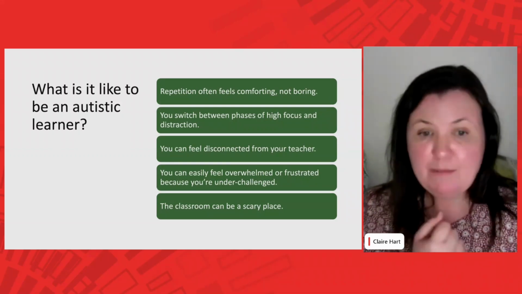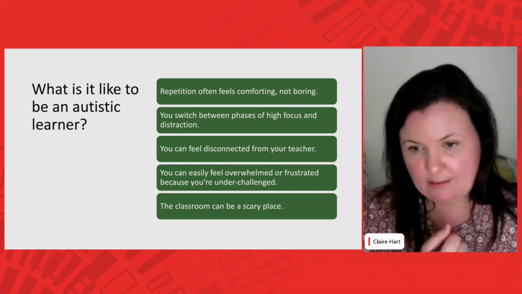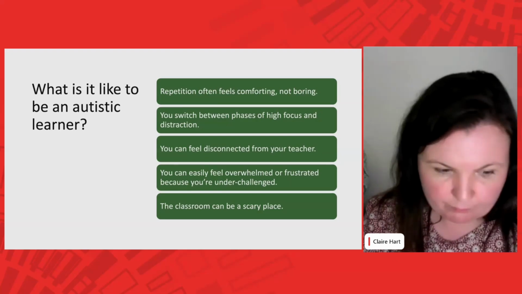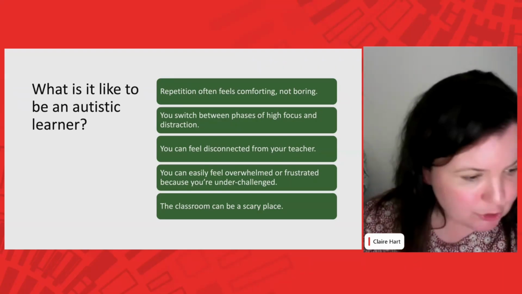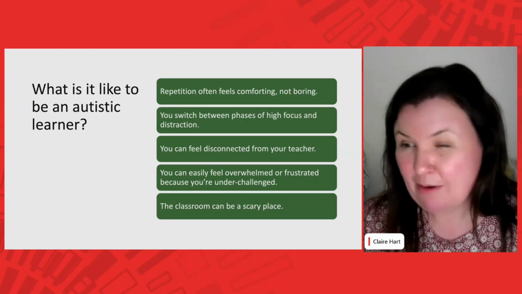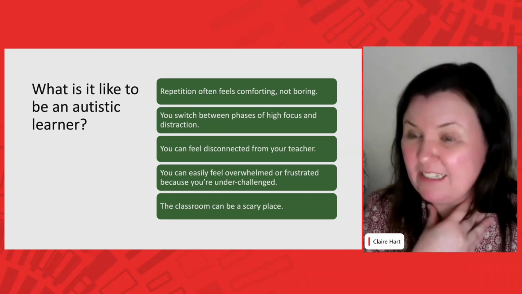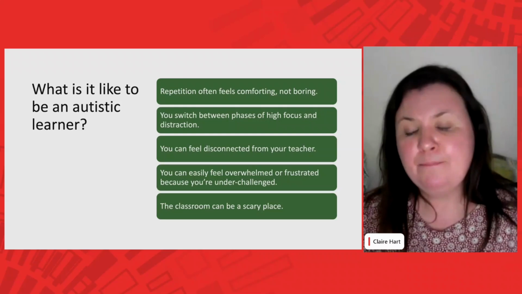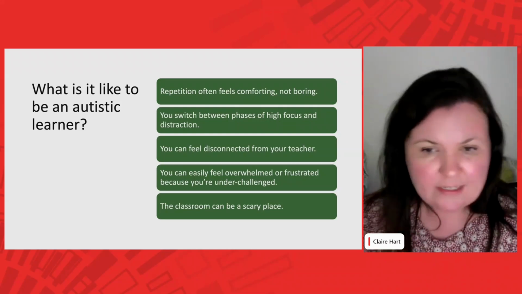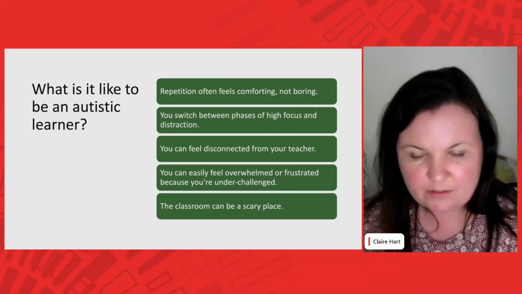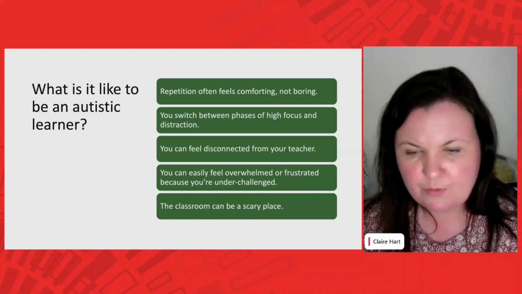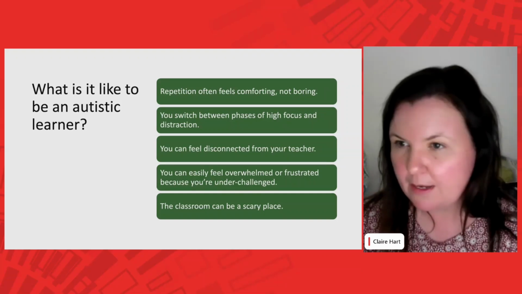The classroom can be a scary place for autistic learners, and especially the playground. There are sensory issues, especially if they have to wear a uniform. That can be really unpleasant, especially with a shirt and tie. And having to negotiate all of the social interactions can be so difficult. You know, how do I make people like me?